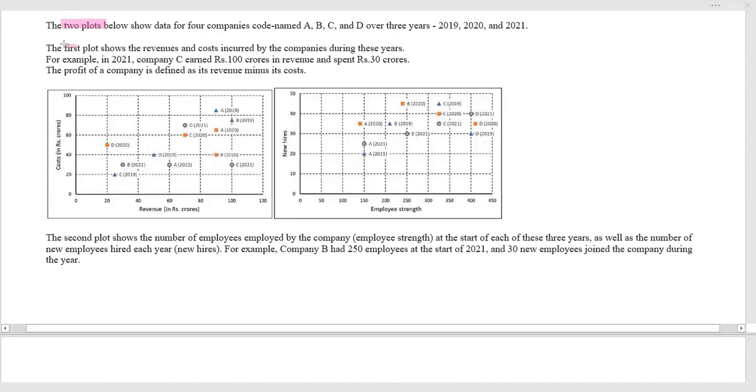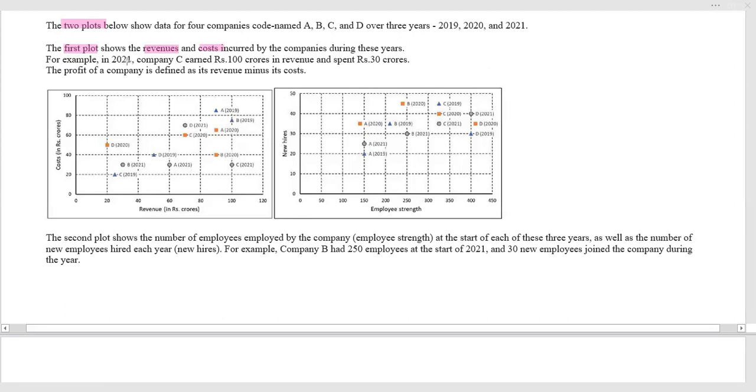The first plot shows the revenue and cost incurred by the companies during these years. Revenue is given in the x-axis and cost is given in the y-axis. That is the way it has been given. Here it has given one example also.